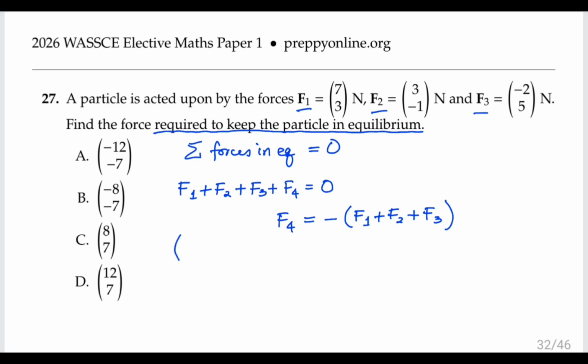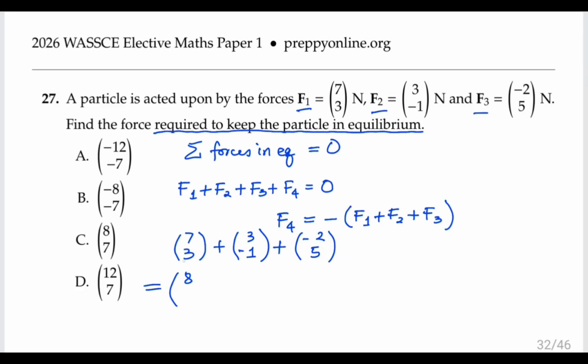What do we get when we add the three forces? We have 7, 3 plus 3, minus 1 plus minus 2, 5. When you add these three, what do you get? On the top, you get 10 minus 2, so you get 8.